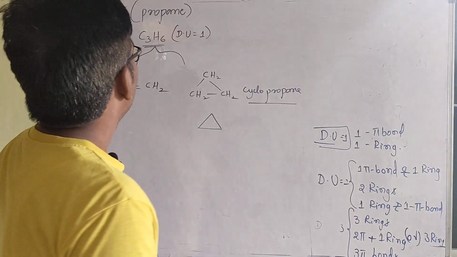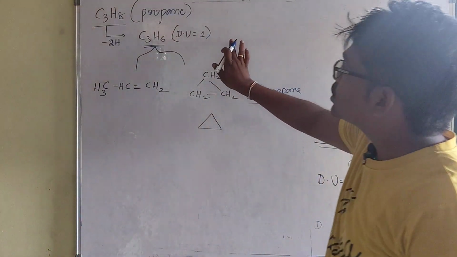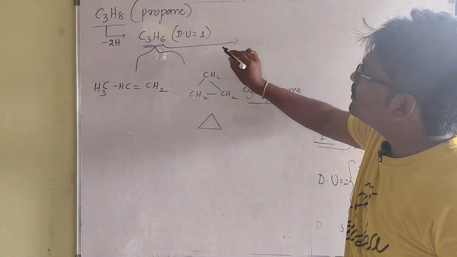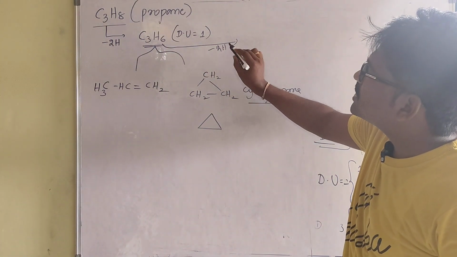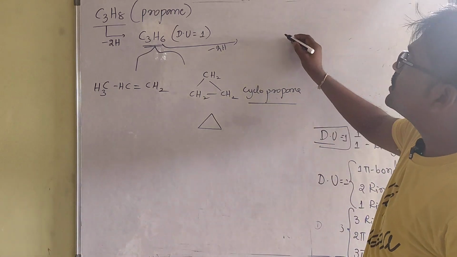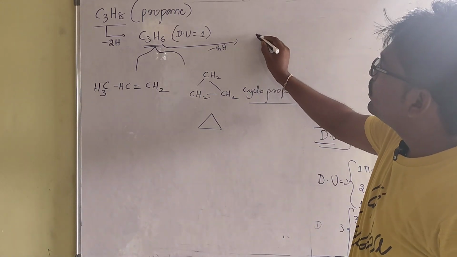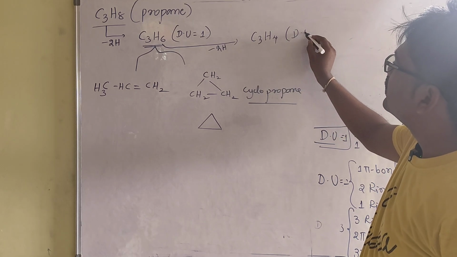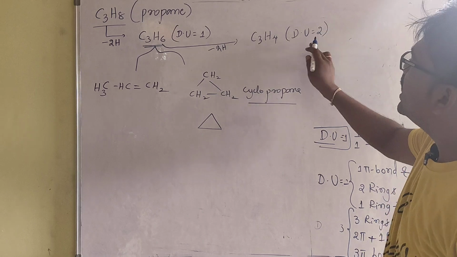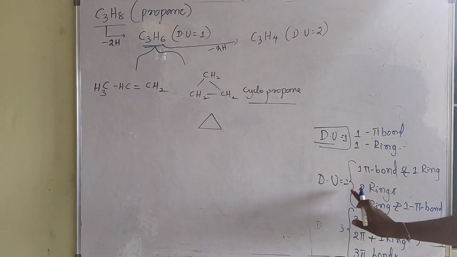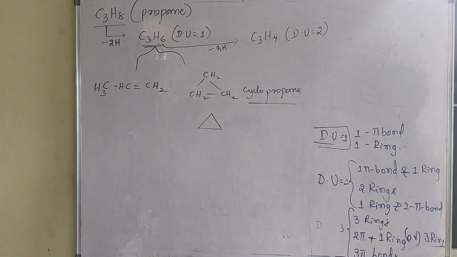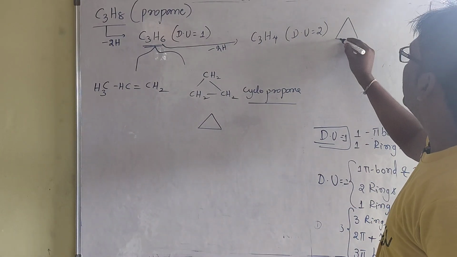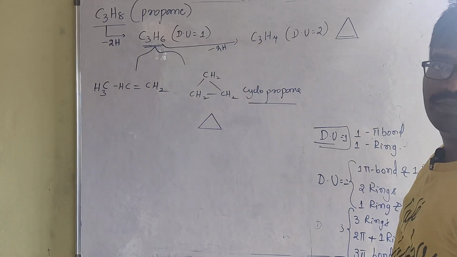Now, if again 2 hydrogen atoms are less from this, then what will the degree of unsaturation be? C3H4. What is the degree of unsaturation? That is equal to 2. If degree of unsaturation is 2, then 1 pi bond and 1 ring are possible. So look, we have taken a ring, and a pi bond is also possible in this.